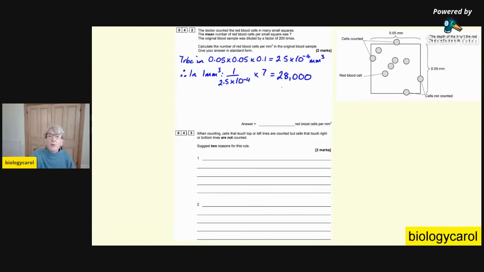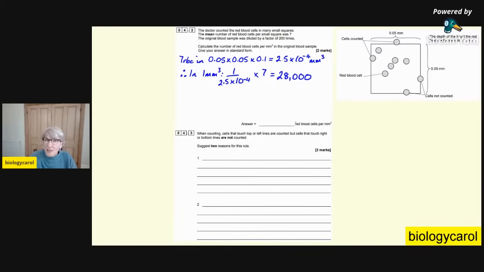I've got to know how many 2.5 times 10 to the minus 4 go into a whole 1 millimeter cubed of blood. So it is 1 divided by 2.5 times 10 to the minus 4. And then I've got to times it by 7 because there's 7 in this volume, which gives me 28,000.